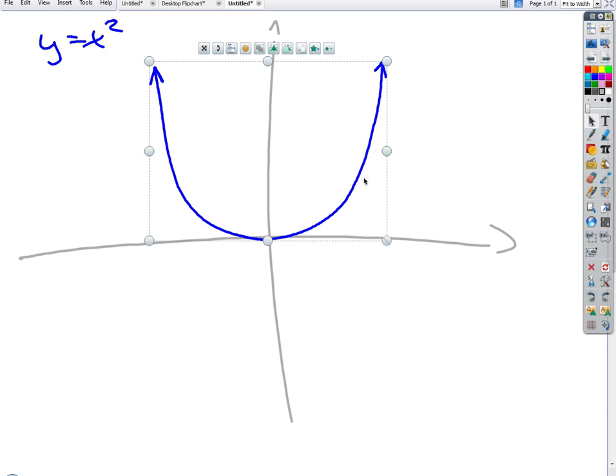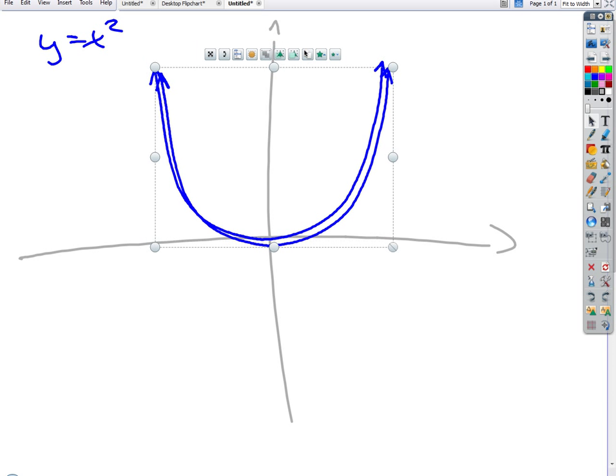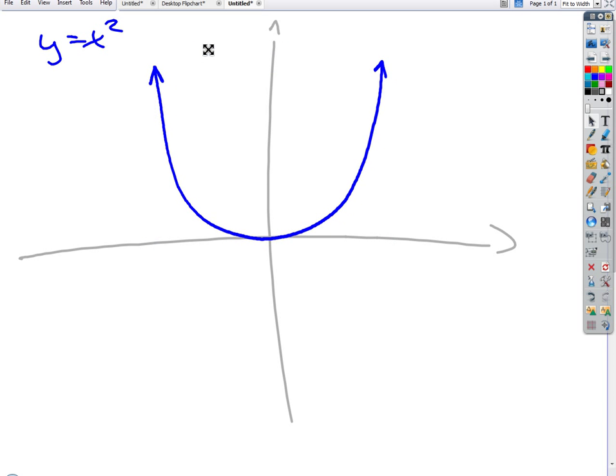So if I take this guy, I told you there's two things we can do to this, right? If I want to make a reflection over the line y equals x, it's easier to rotate 90 degrees.